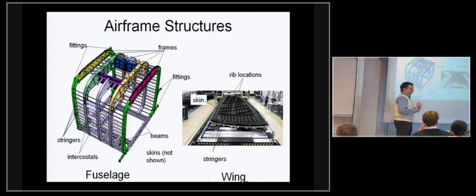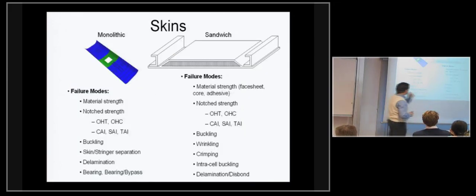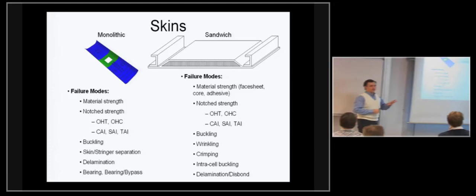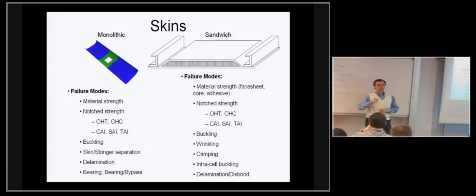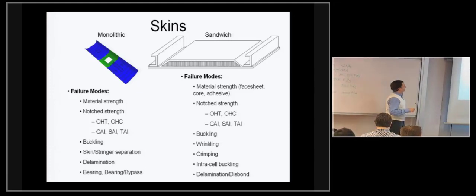So the structures consist of standard parts, and what I want to talk more about is going through some parts and talking about individual failure modes. If I have a standard skin, monolithic, which means that it's mostly a skin and it may have stringers or not, might be stiffened or not, then there's always the material strength as a possibility.